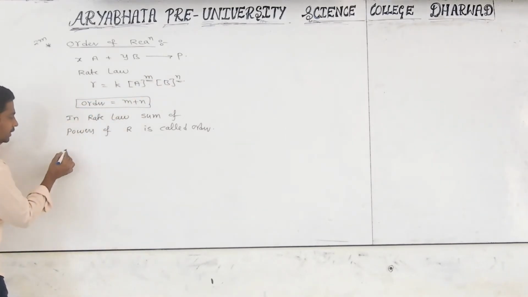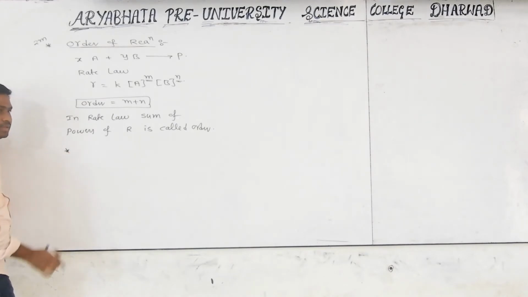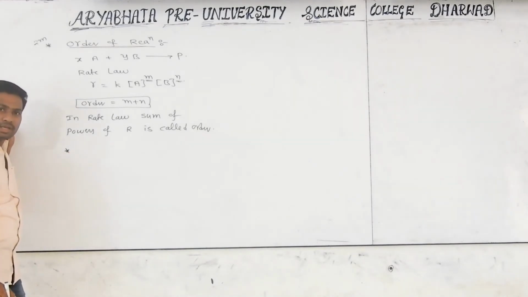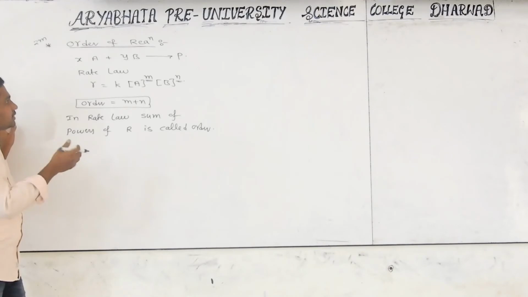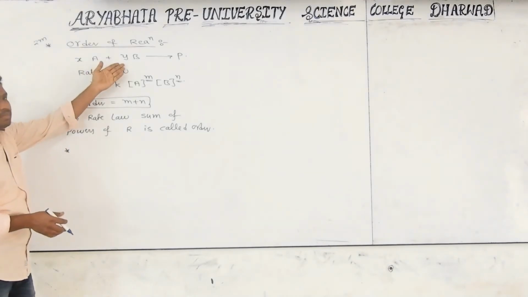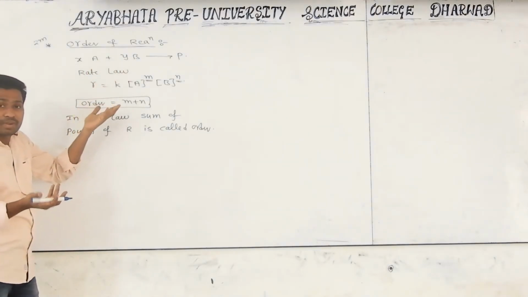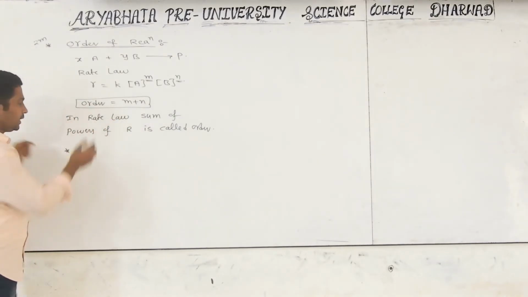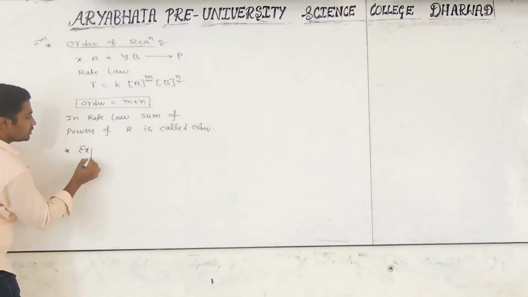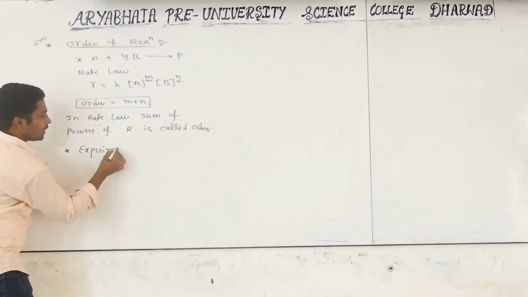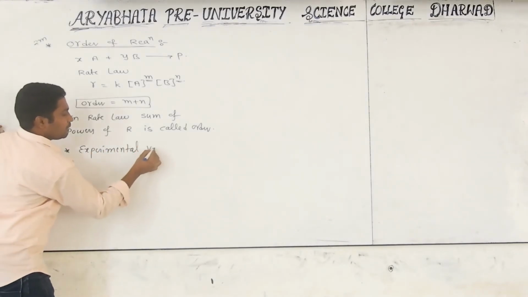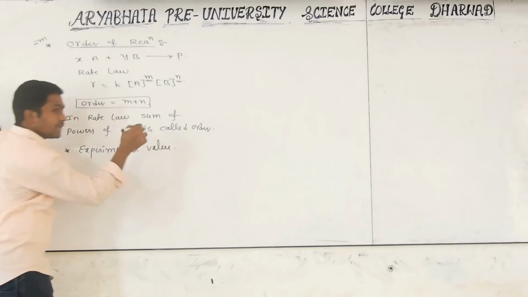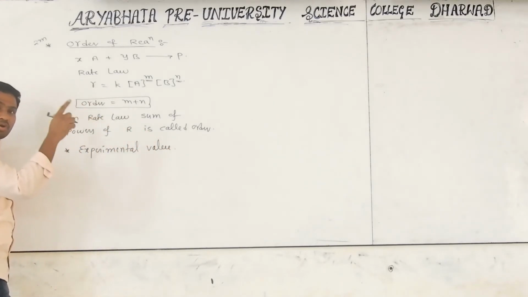Okay, first point. Next point: is order an experimental value or a theoretical value? We can write the reactants with powers, but we can't expect whether those powers will come out as such. That's why you must do an experiment. So order is an experimental value, because only after doing the experiment can we tell whether it is an elementary or complex reaction.